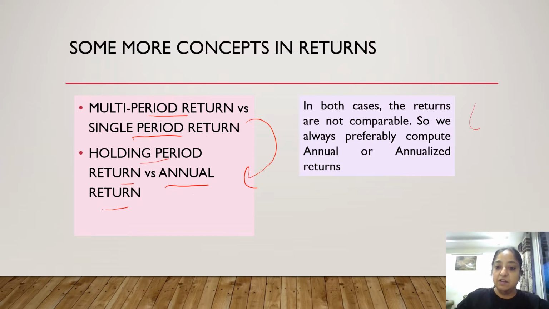If I have such kinds of returns, these returns are not comparable. When these returns are not comparable, we preferably want to have the annual return, or rather, if it is not annual, we will annualize the return.